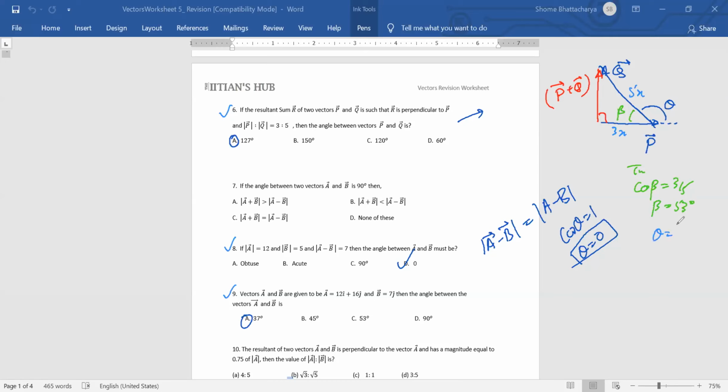It's going to be 180 minus beta. So it's going to be 127 degrees. In this, I've already given you the explanation.